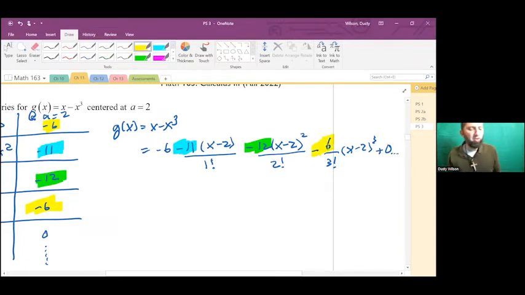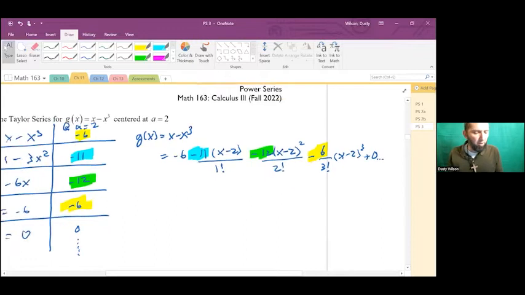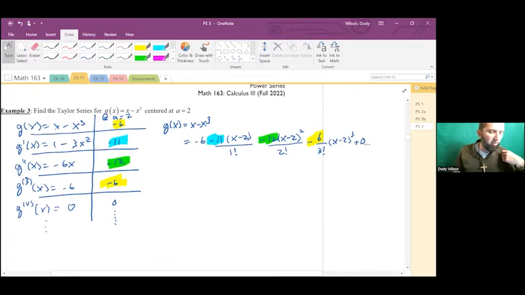So here we have a second representation, a second Taylor series for g of x. Notice again that your denominators are going to be divided by 0 factorial, 1 factorial, 2 factorial, 3 factorial, and you have those x minus 2's from the formula sitting in with each of the terms.